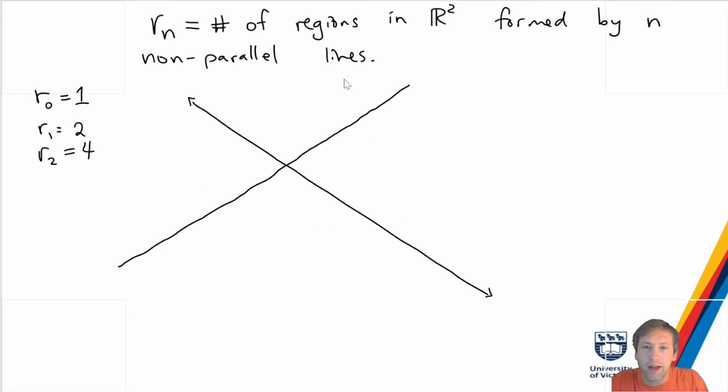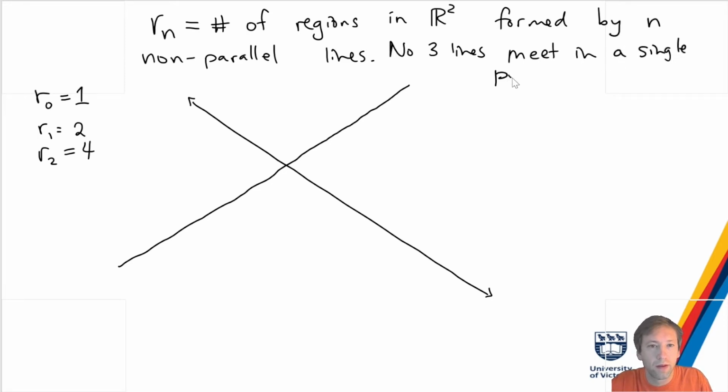Now let's think about when we add another line. I should say these are non-parallel lines, and no three lines meet in a single point. So when I add the third line, I'm not allowed to run it through that middle point.